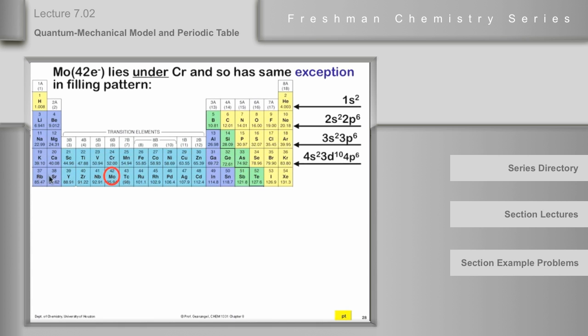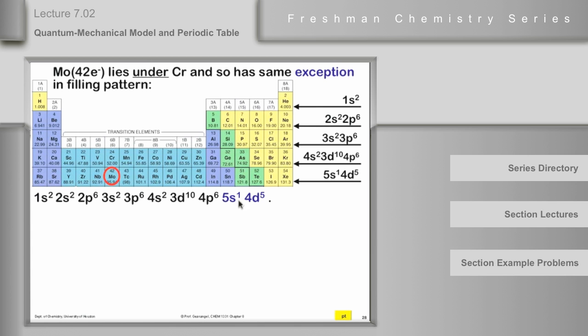So it's 5s1, 4d5. 5s1, 4d5, 6 unpaired electrons. So then you add all these together, and you get the full electron configuration for molybdenum.